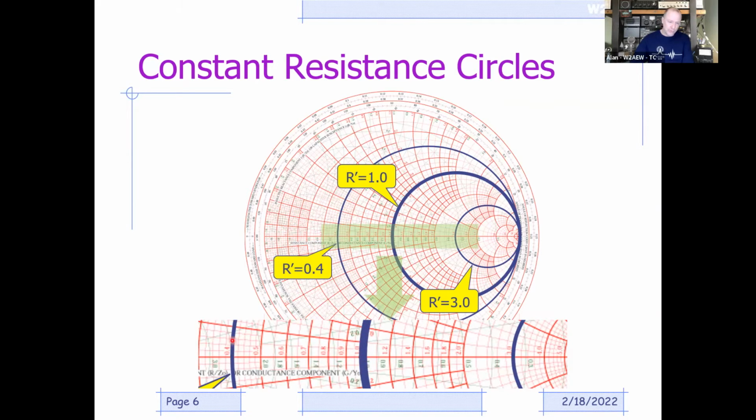Here's the 0.4 over here, that's where this circle is. Here's the 3.0, that's that one. So it's all these numbers here, 2, 1.8, 1.6, 1.4. Those are the numbers that give you the normalized resistive component represented by that circle.